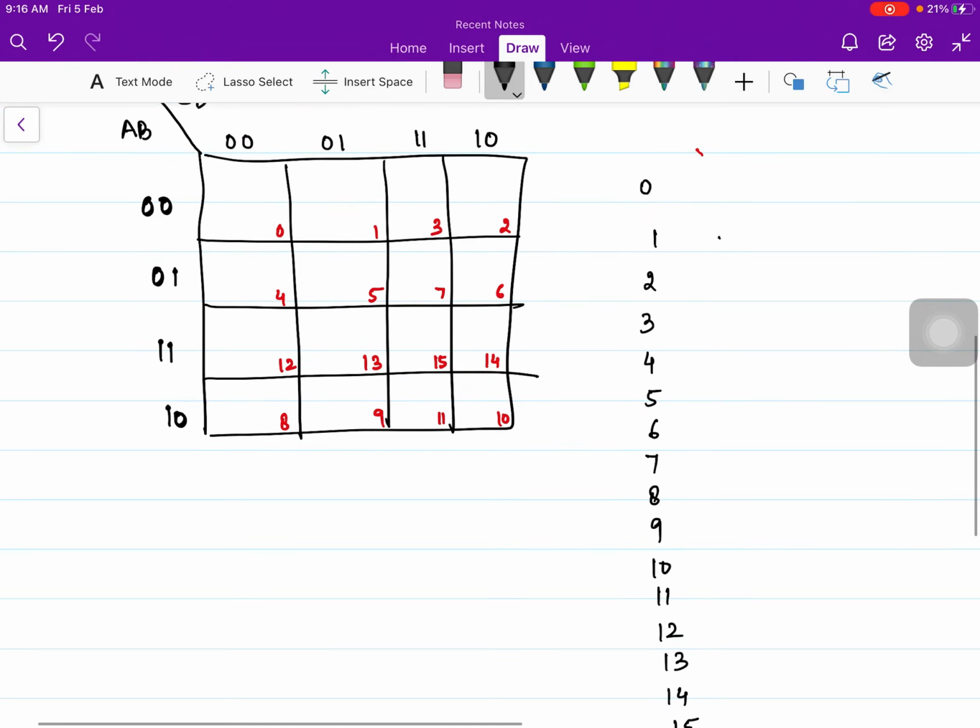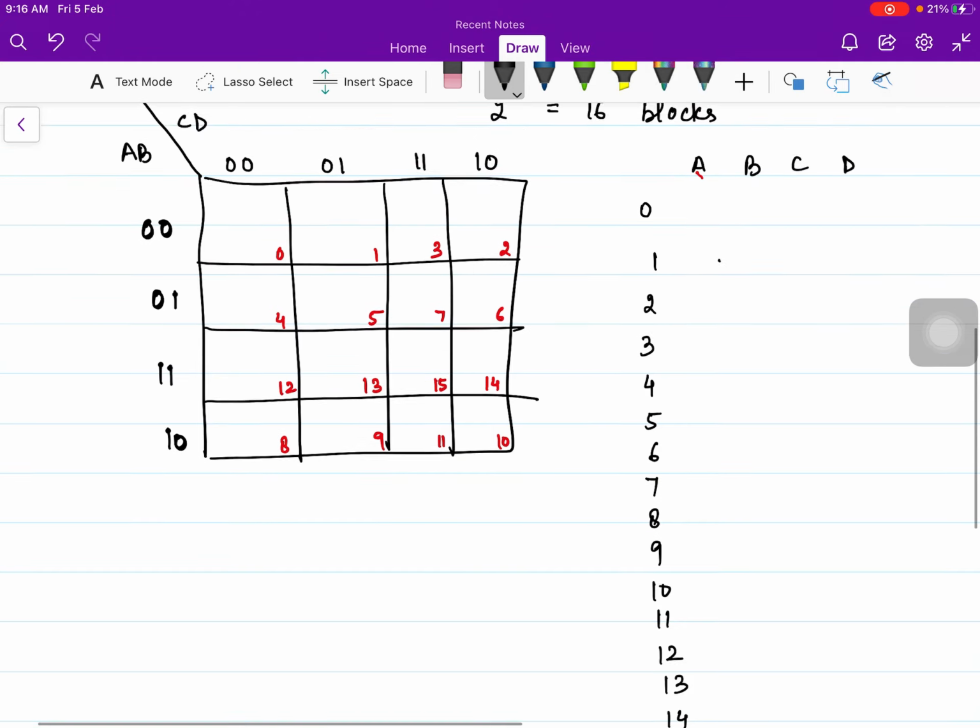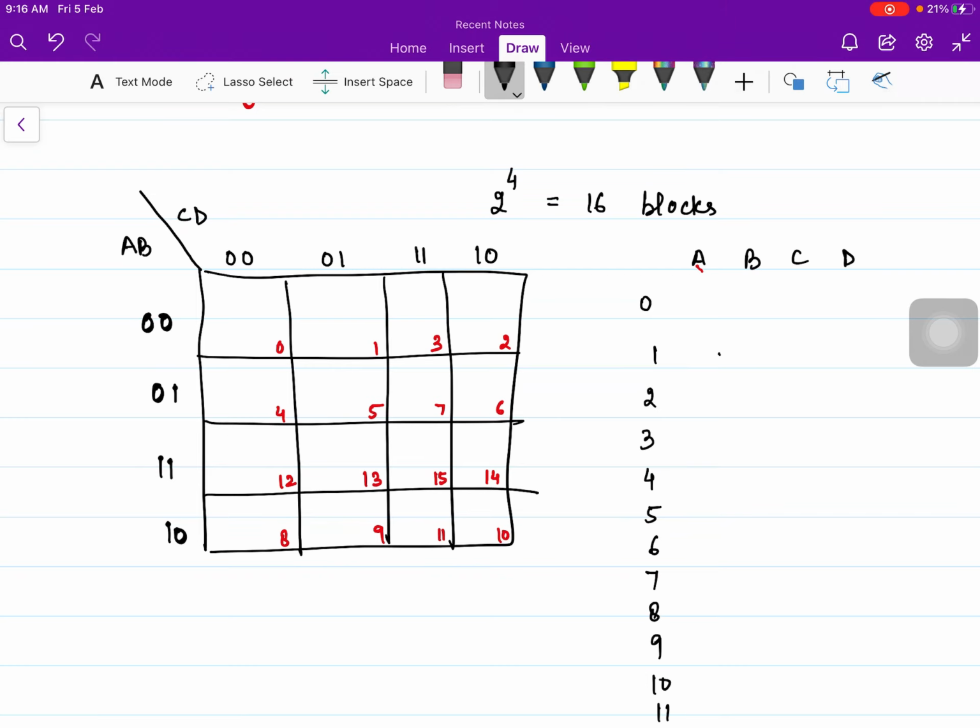You are having 4 variables like this, A, B, C and D. You will start from the right and move in this direction, and put 2 raised to the power 0, 2 raised to the power 1, 2 raised to the power 2 and 2 raised to the power 3.